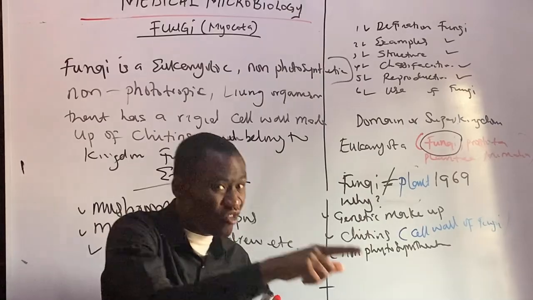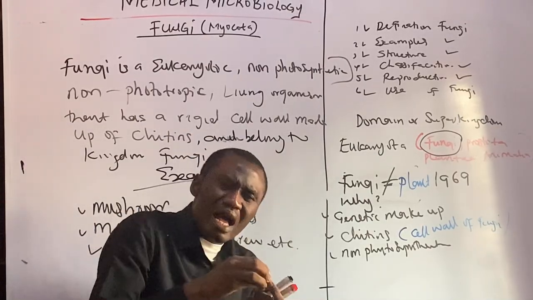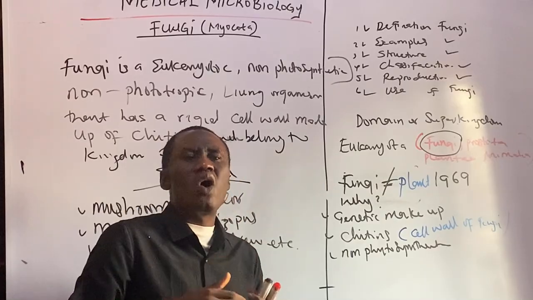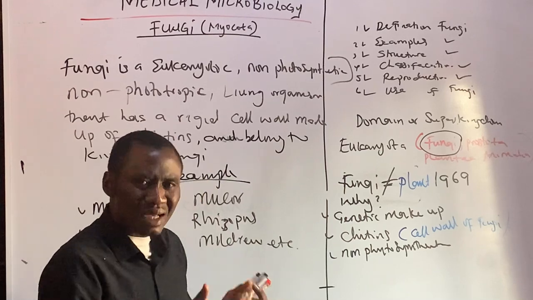For the loaf of bread, that whitish puffy appearance is called bread mold. Now, that's an example of fungi.